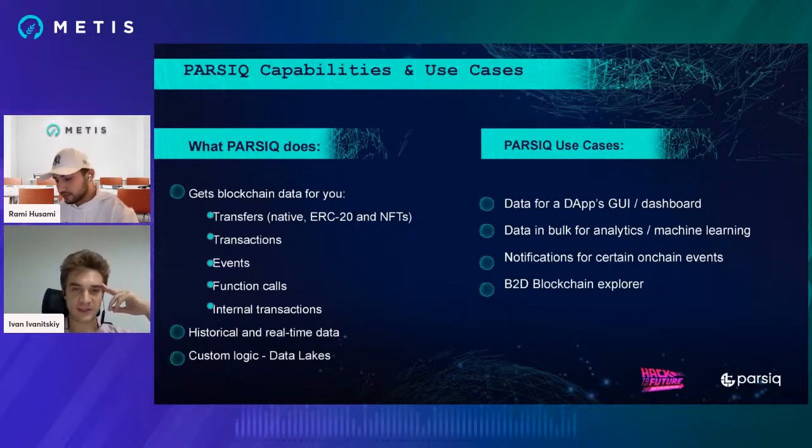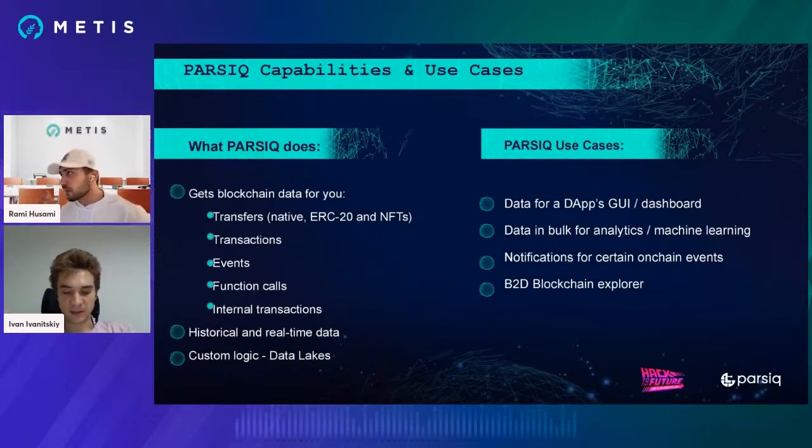And what PARSIQ does is bring blockchain data to the user, because as you might know, blockchain data is basically public. It can be accessed through nodes and other things, but to do so you will need the infrastructure. You will need either your own node, RPC node access, or a data indexer such as PARSIQ.